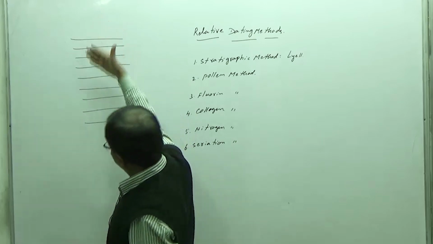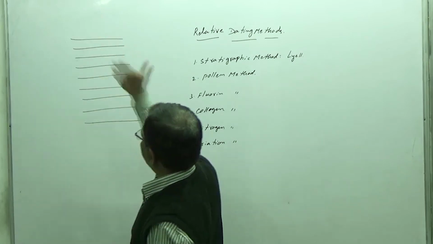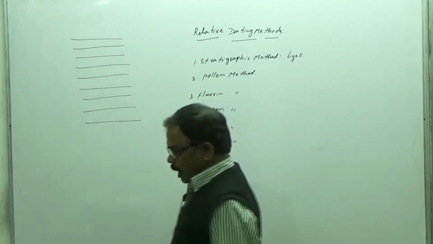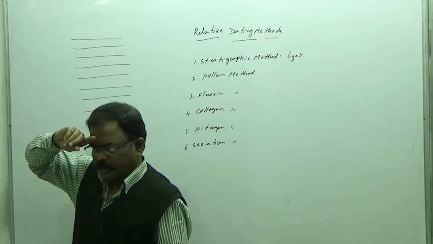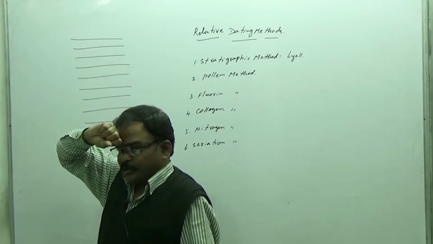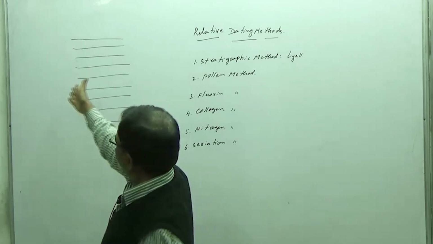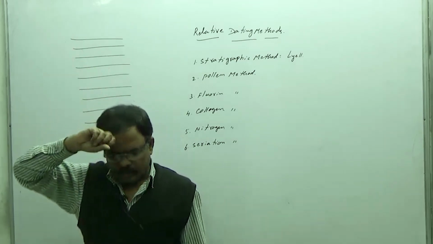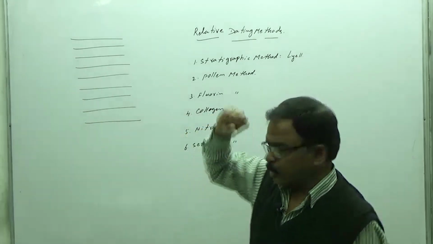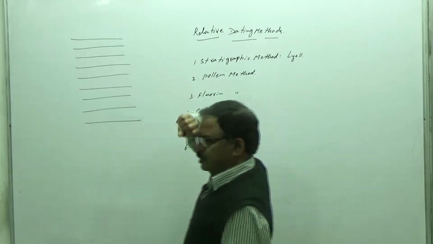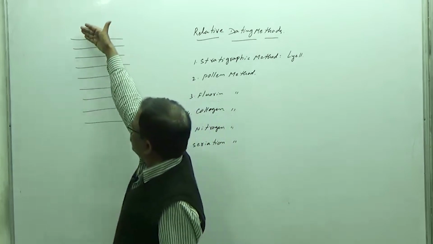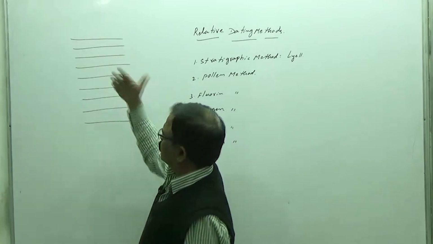Then after digging vertically, they analyze. See, in the Son Valley they conducted a number of archaeological excavations. Not only in the Son Valley, even in Madhya Pradesh, at Bhimbetka, they conducted a number of excavations.